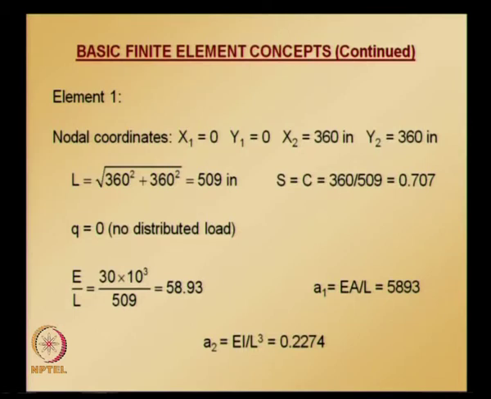Once we have all this, we can find the global equation system by knowing the global stiffness matrix. The stiffness matrix for element 1 in the global coordinate system is going to be T transpose K L T, and all the computations are shown here.